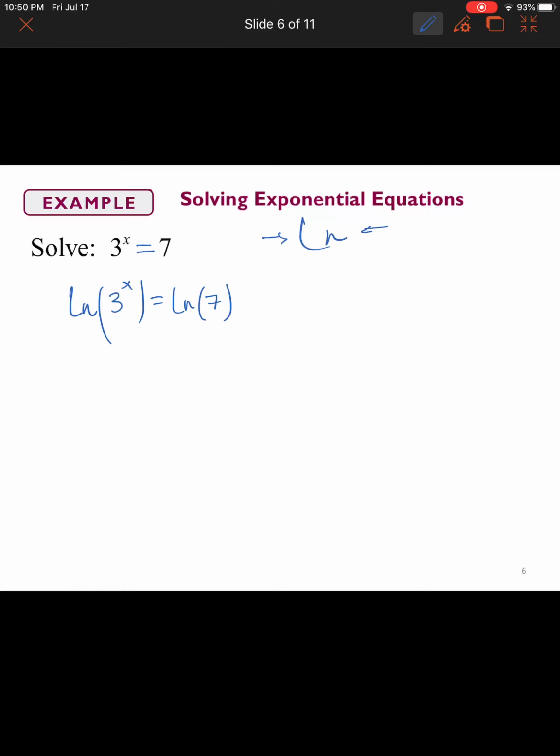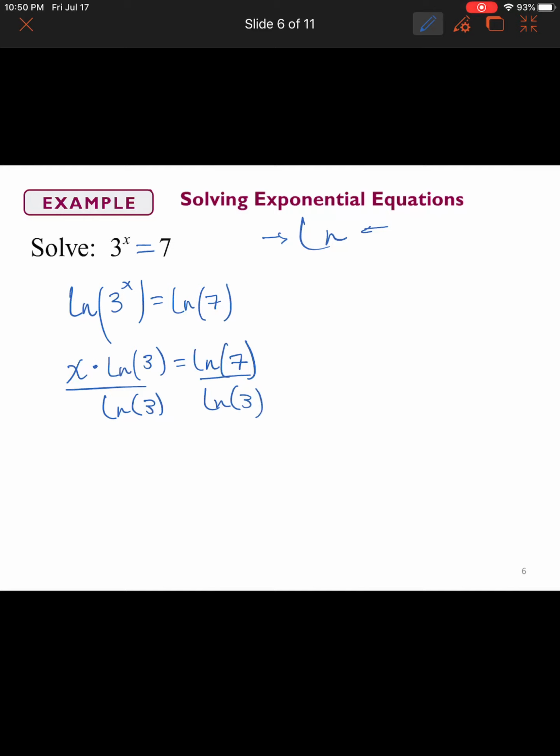Now we can apply power to factor. So we bring that x down, and we have x natural log of 3 equals natural log of 7. We want to get x by itself. We're solving for x, so we're going to divide each side by natural log of 3.